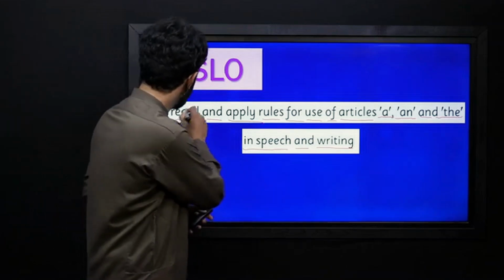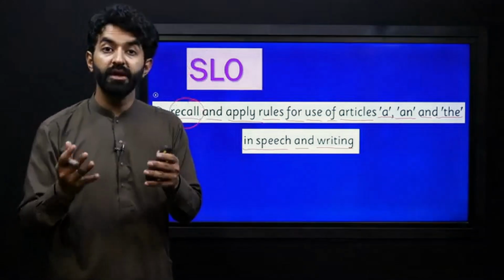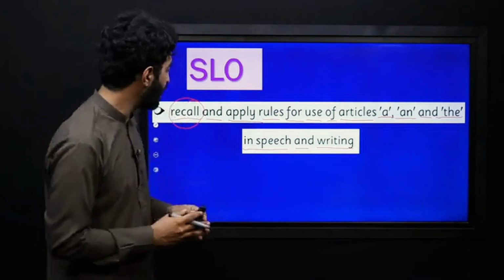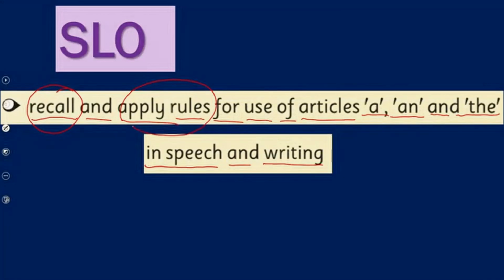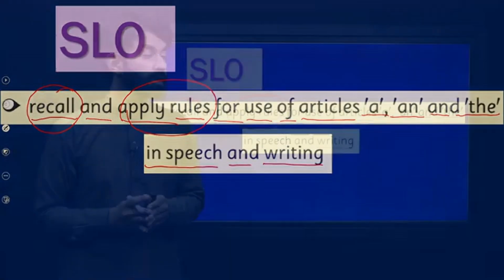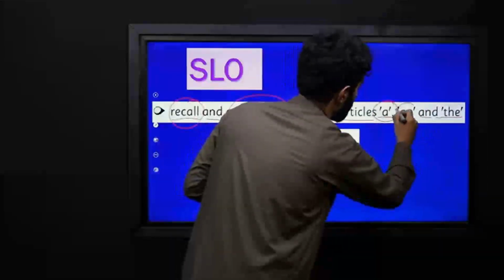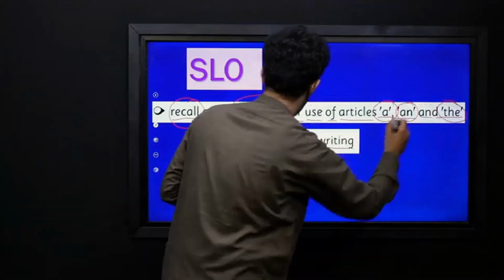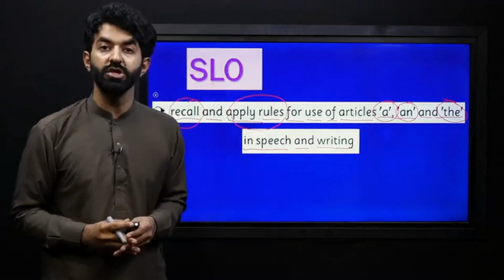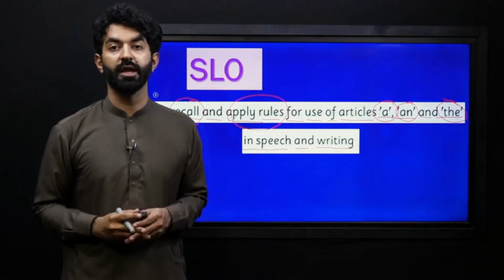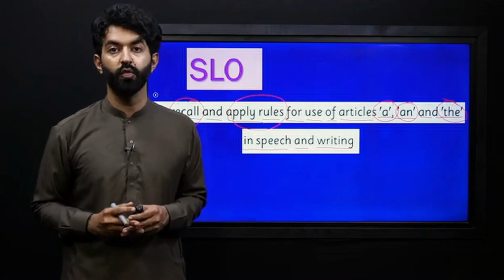So here we will recall our previously learned concept of articles and we will apply those rules for putting articles like a, an, and the in our sentences, in both our speech and in our writing. So this is our students' learning outcome. I hope that you understood it well.